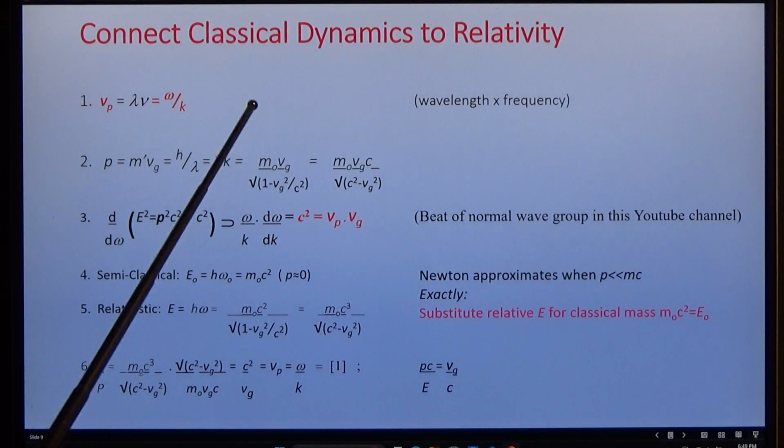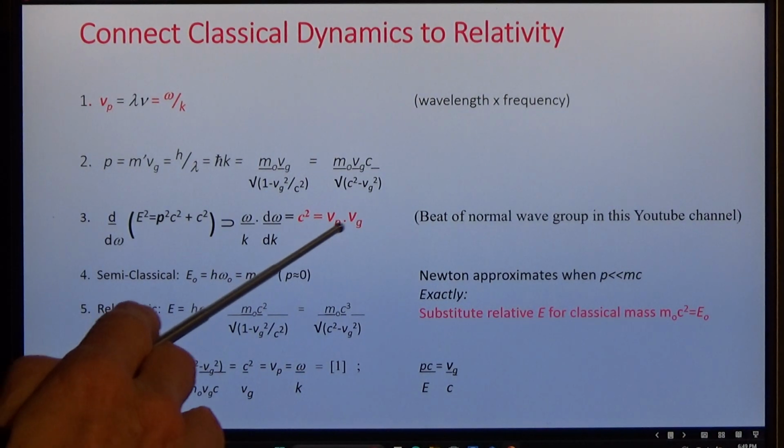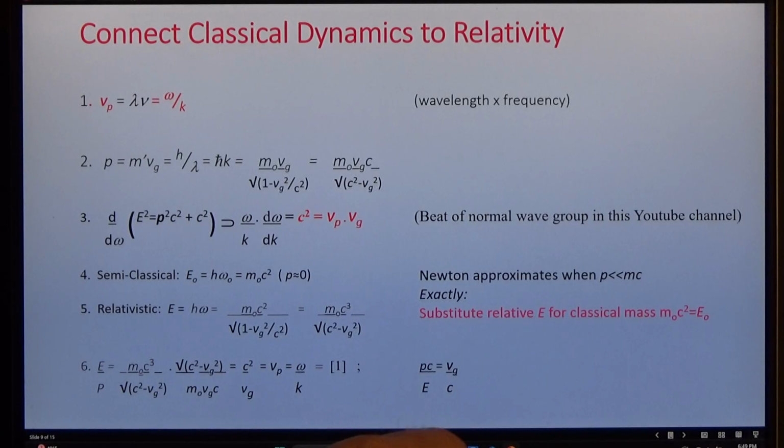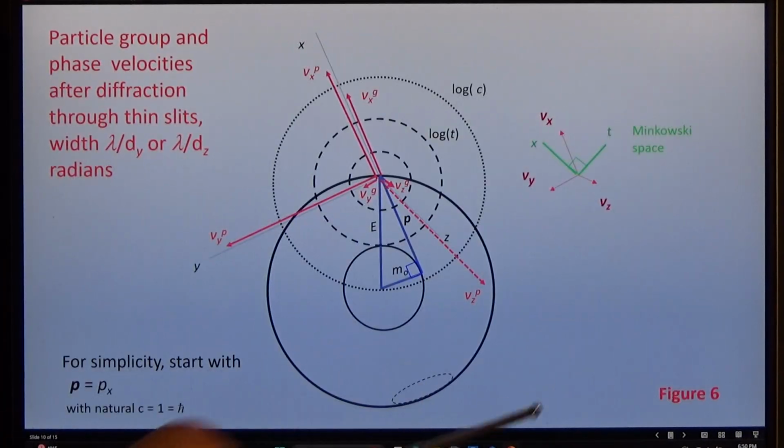Again, if you need to read this, press pause. This gives the derivation of the phase velocity and the group velocity from classical to relativity physics.